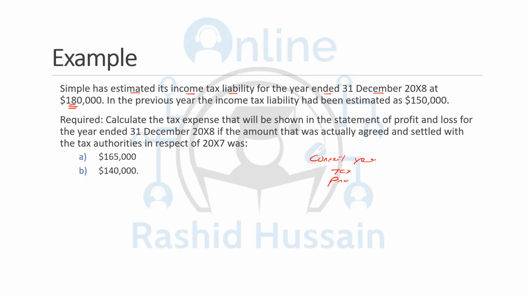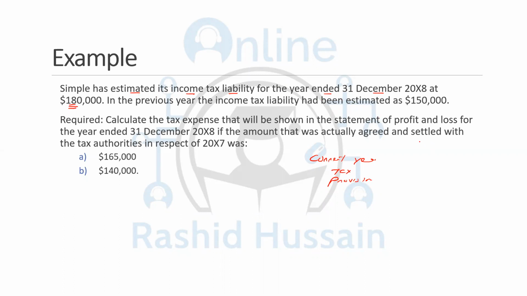Be aware that in the exam, you are supposed to read the question properly. If you're not reading the question properly, you may misread it. So they're saying Simple has estimated its income tax liability. This is the estimated one for the year ended 31st December 20x8.